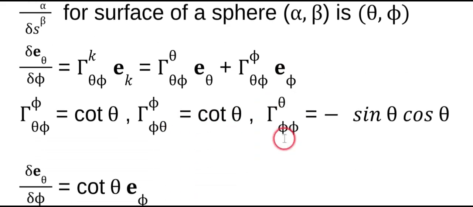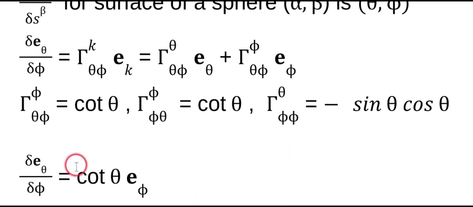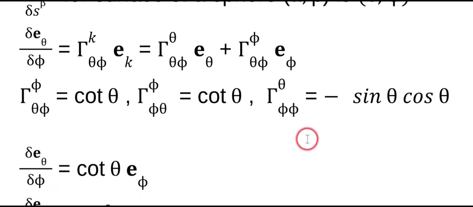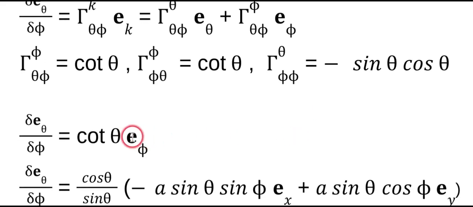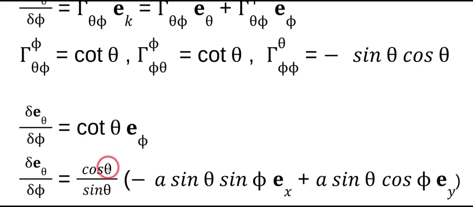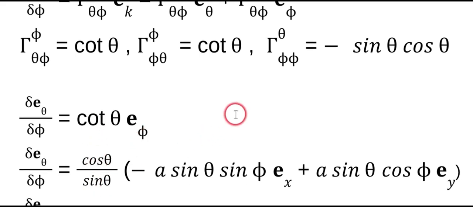So we wind up with the cotangent of theta times the phi basis vector equal to this derivative. We know what the phi basis vector is, and we've done that derivative also. Cotangent is just cosine theta over sine theta.